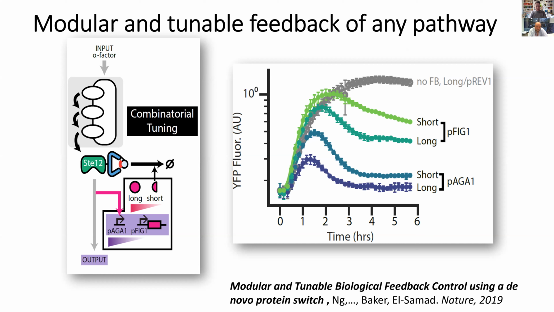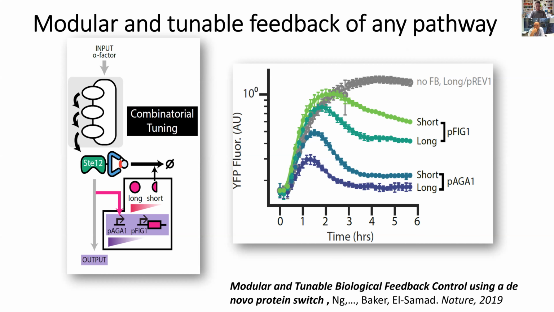We can actually induce very different behaviors in the output. So we can make it now adapt instead of just going to a steady state it wants to go to with no feedback, meaning its own endogenous feedbacks. But because these molecules are designed molecules, we can also change their affinity to each other.